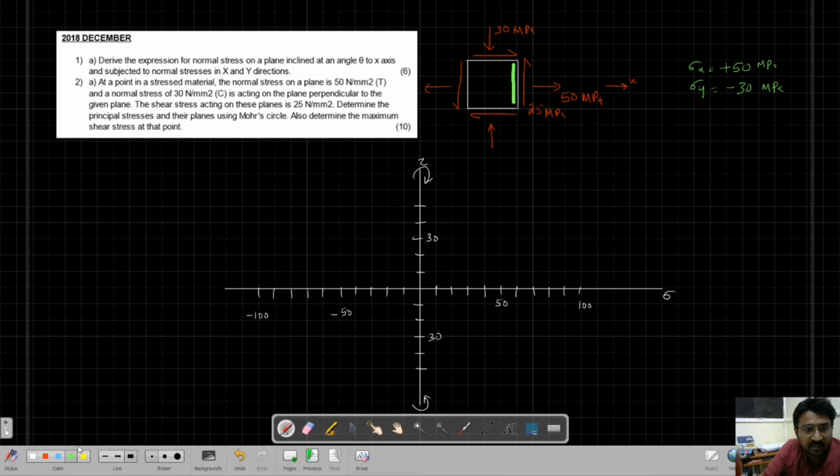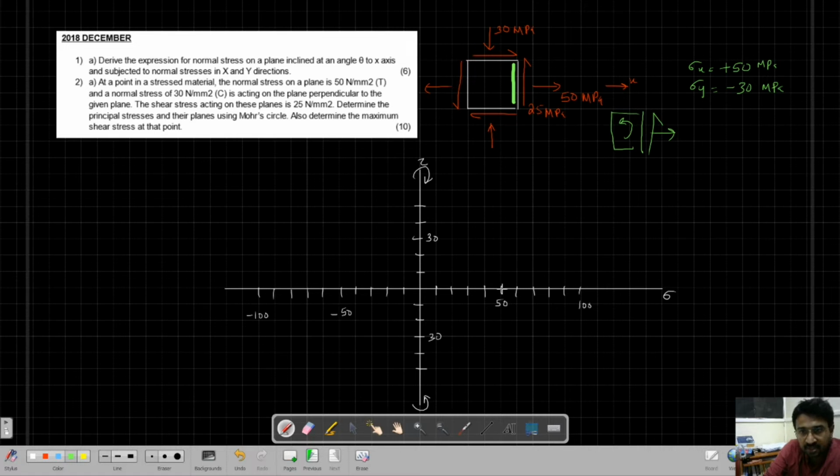On that side, we have two stresses. One tensile stress of 50 MPa. So there is a 50 MPa stress here. And we have a shear which is trying to rotate it in the anti-clockwise direction. Anti-clockwise is downward, clockwise is upward. If you see that face, there is a normal force and there is a shear force. This shear force is trying to rotate in the anti-clockwise direction. So we have to find the shear stress coordinate in the downward portion.